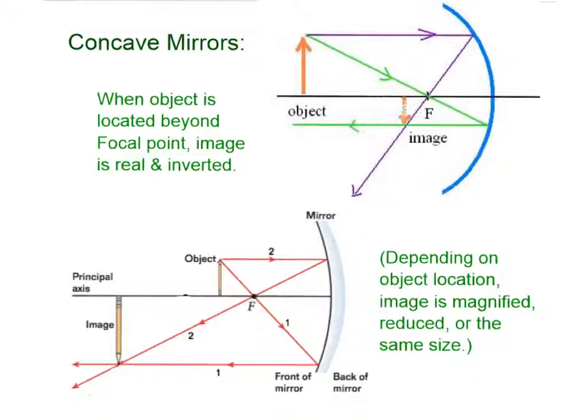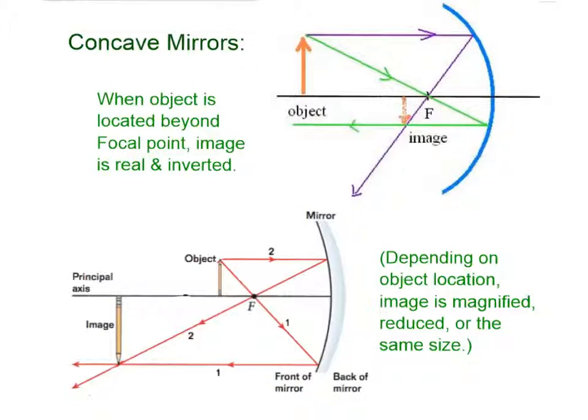It's on this side of the mirror, but it's smaller. And this occurs anytime the object is beyond twice the focal length. So remember, this is our focal length right here, and 2 times the focal length would be right about here. And whenever the object is beyond that, we're going to get real and inverted for an image.